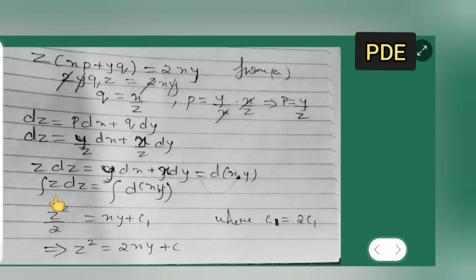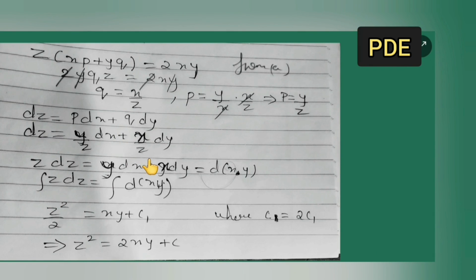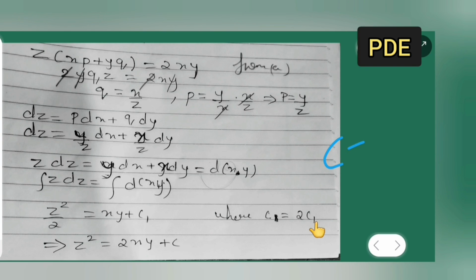Integral of z dz is equal to integral of d of xy. Integrating, we get z square upon 2 is equal to xy plus c1, where c1 is a constant. Multiply by 2 on both sides, so z square is equal to 2xy plus c, where c is equal to 2c1.